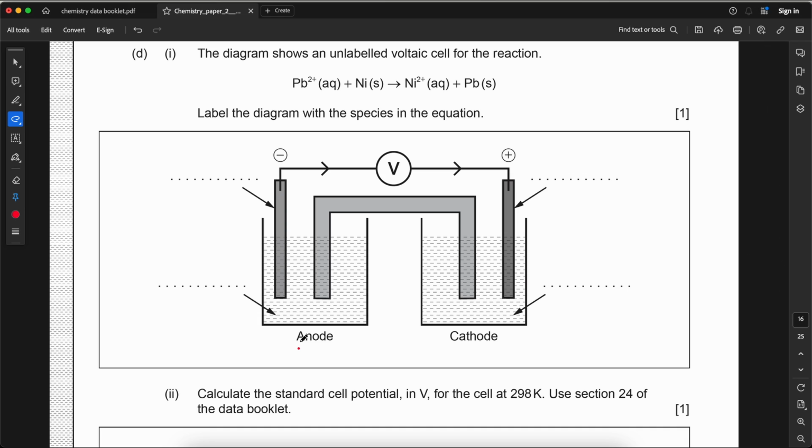Oxidation is at the anode. So Ni will be here, and Ni2+ is the solution. Therefore, here is Pb, and this will be Pb2+. So here we'll have oxidation, and here it's reduction.